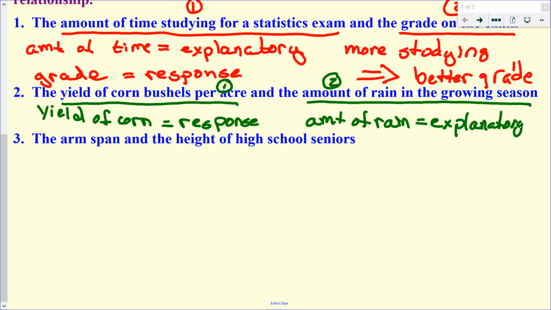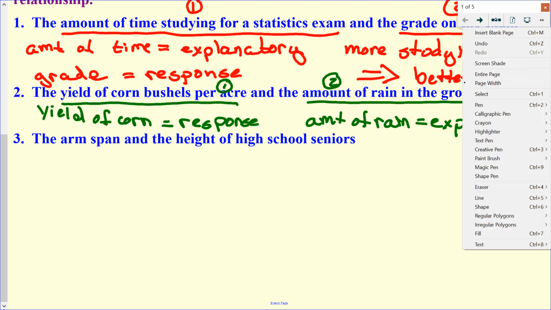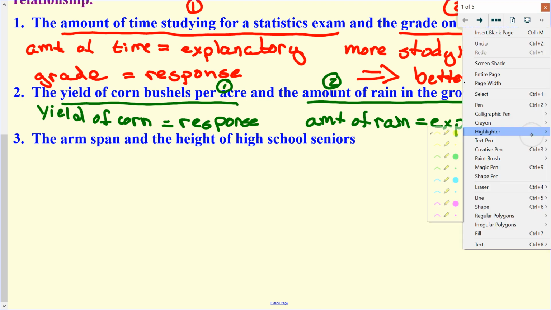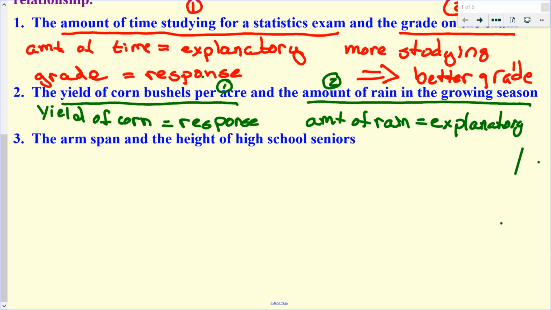So now if we look at the last example, number 3, we're talking about the arm span and the height of seniors. Oh, my pen is not working.